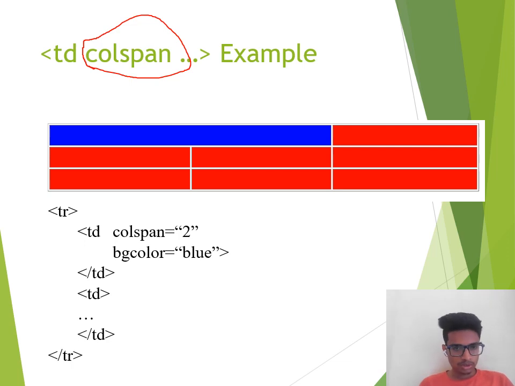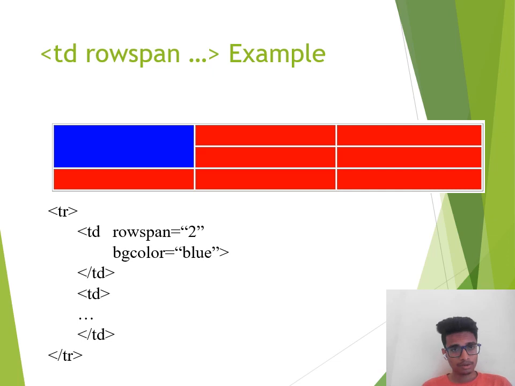So colspan is equal to 2 and the background color is set to blue. So except for all these columns, these two columns are merged, and the background color is turned to blue. So this is the functionality of colspan. It just merges the two columns that you require to merge. So it is colspan.